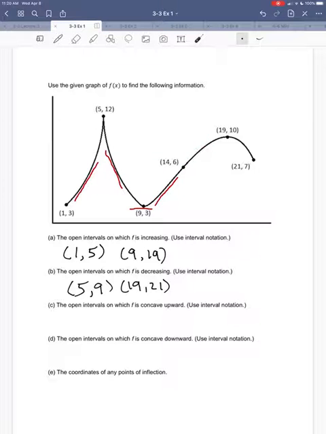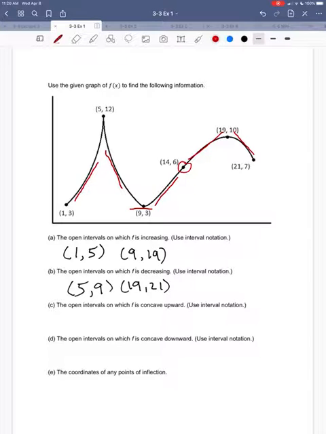However, after I get by 14, it looks there like a tangent line would be above the curve. So it looks like this point here is a point of inflection as far as concavity is concerned. So it's going to be concave up.